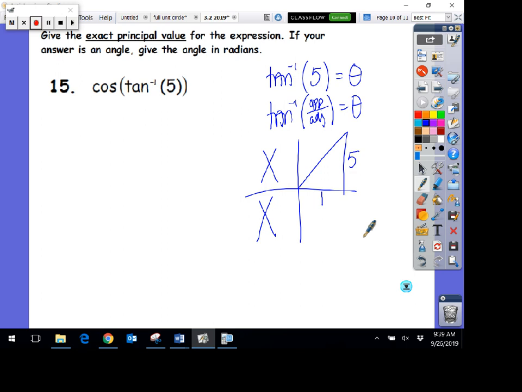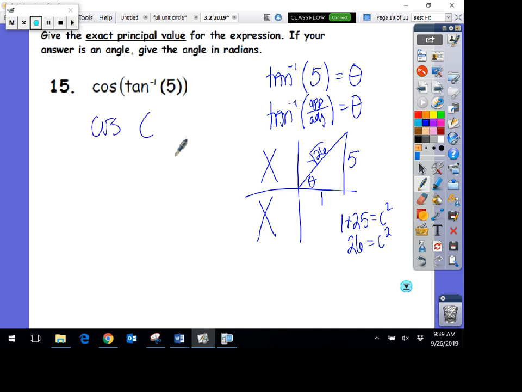And then 1 squared plus 5 squared equals c squared, r squared, whatever you want to use. So 1 plus 25 equals c squared. 26 equals c squared. So that is the square root of 26. Because remember, we were just trying to get that angle.